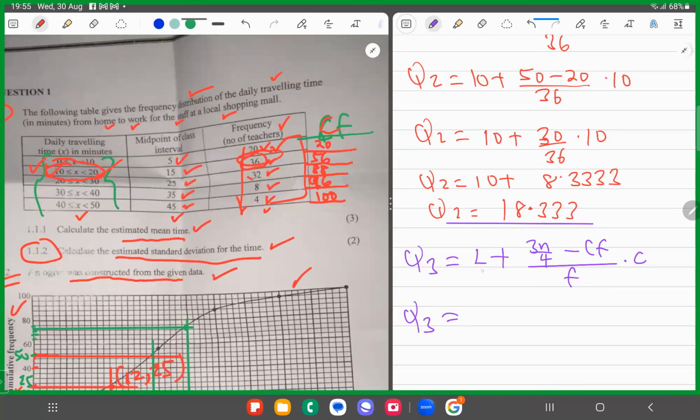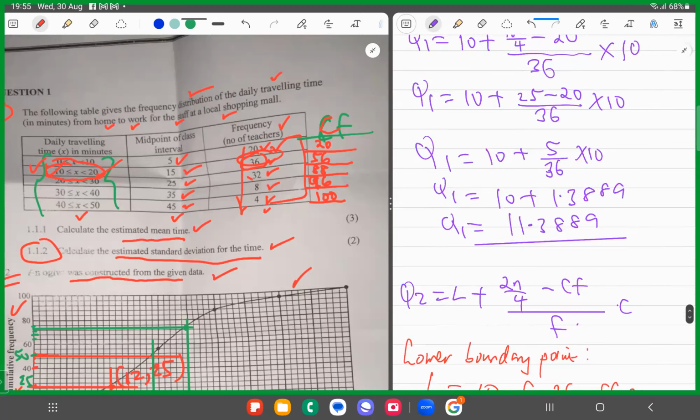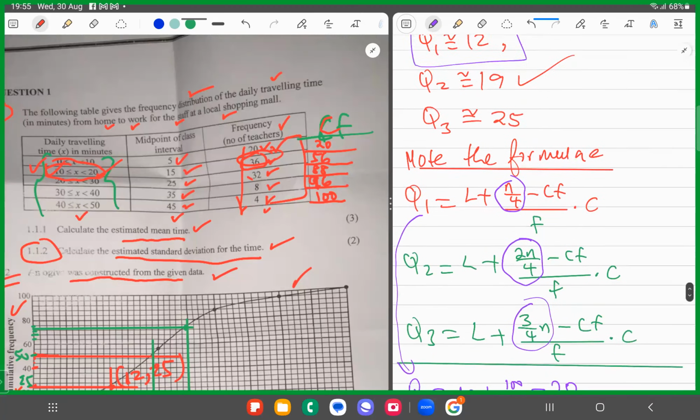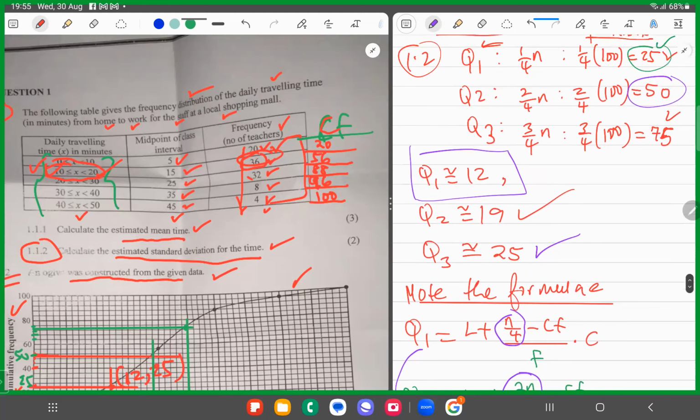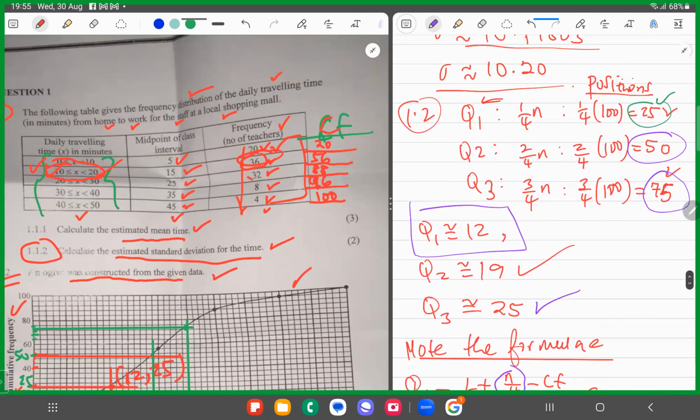So now we said that Q3 is, what is the position of Q3? Right, let's just check the position. We did it together. What is the position? Okay, it's 25. Q3 is position, oh no, it's position 75. So position 75, frequency-wise.